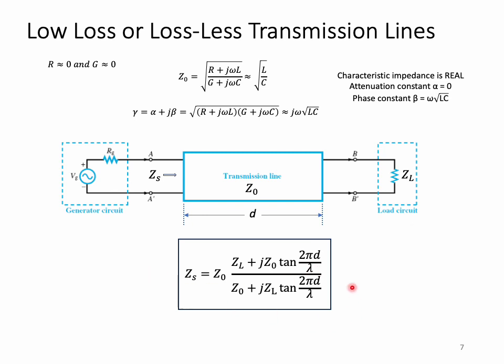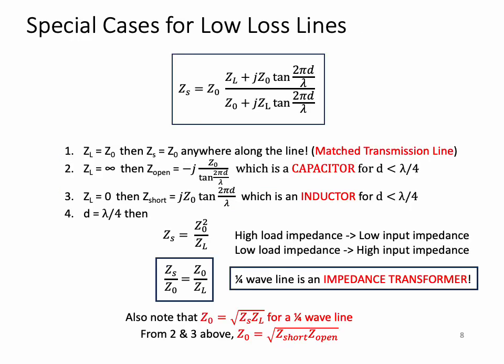So in the case of the lossless transmission line, the impedance looking into the lossless line is given by the characteristic impedance Z0 times the ratio of these two terms, which are a function of ZL, the characteristic impedance, the length of the line, and the wavelength lambda. Well, we're finally getting to an interesting relationship for transmission lines that we'll be using in our J-pole design.